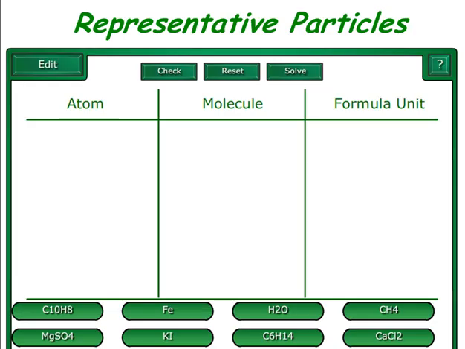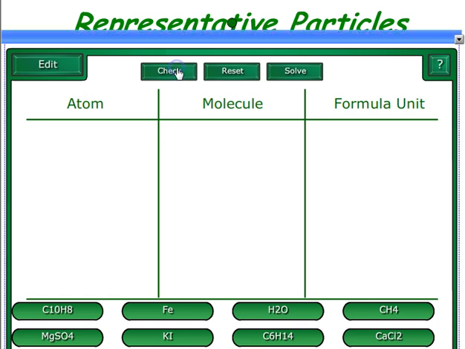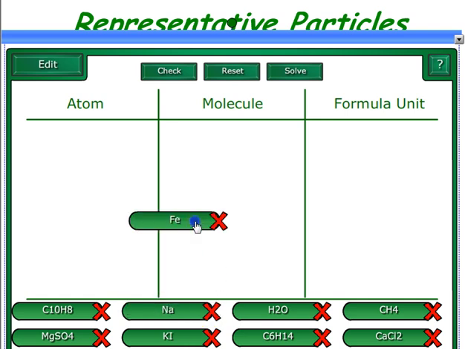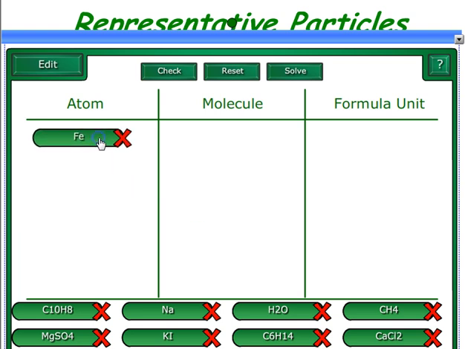See if you can discover or predict these various formulas down here and whether they can be described as an atom, a molecule, or a formula unit, if I were to ask you what kind of particle they are. So let's start this out here. If I look at Fe, just an elemental symbol, it's an atom.